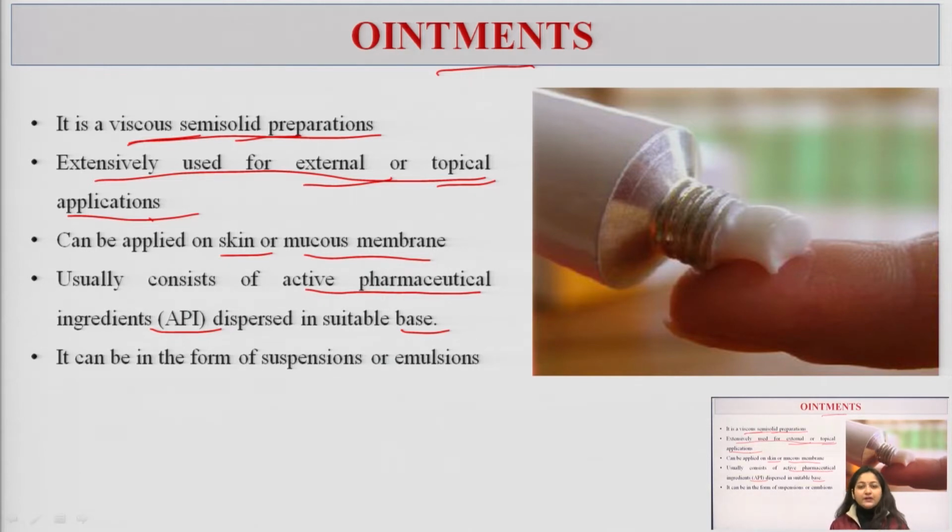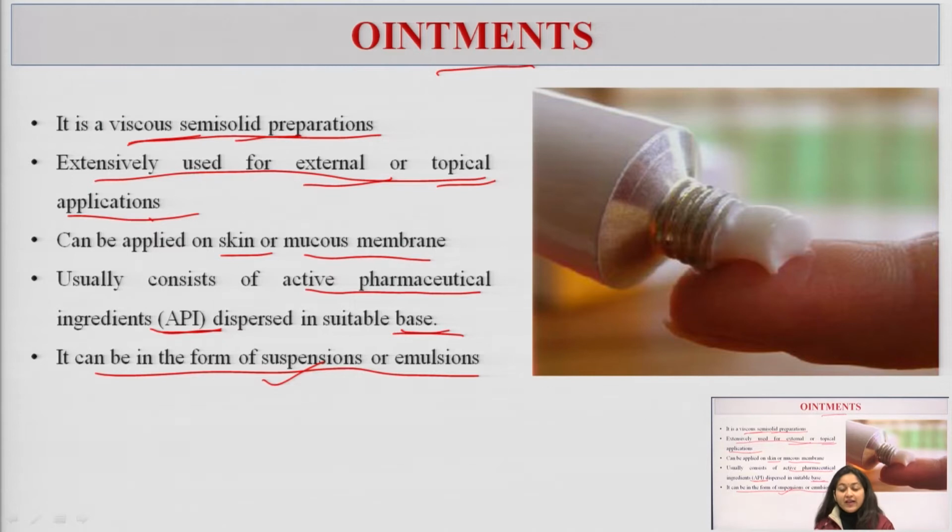So whenever we are formulating an ointment, it is important to understand what the base is and what the major API present here is. It can be in the form of suspension or emulsion. If we want to disperse insoluble particles, the product that we formulate is a suspension.